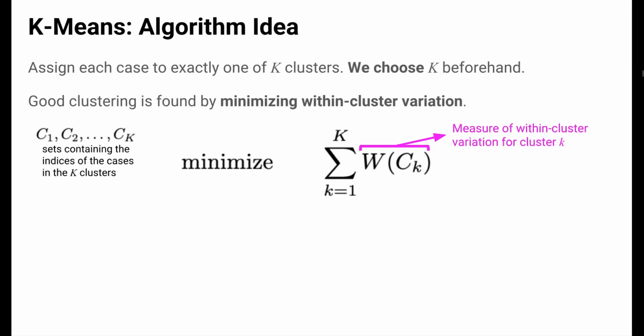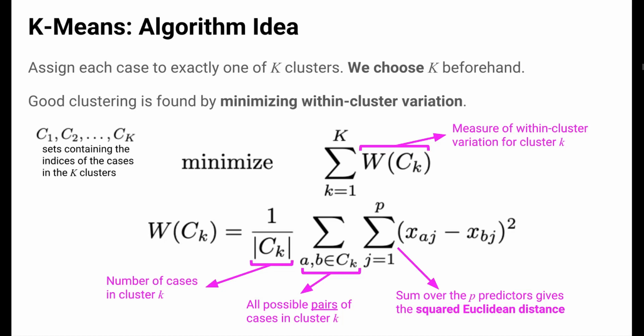If C1, C2, all the way up through C capital K are sets containing the indices of the cases in each of the k clusters, what we want to do to find good clustering to minimize within cluster variation is to minimize this sum. This sum is the sum over all clusters of WCK, which is our way of mathematically denoting some measure of within cluster variation for cluster K.